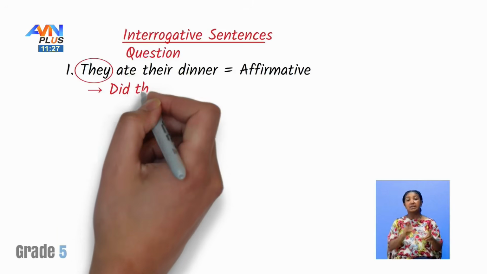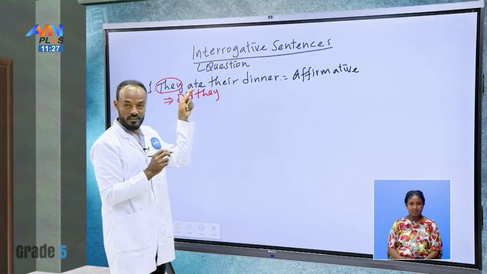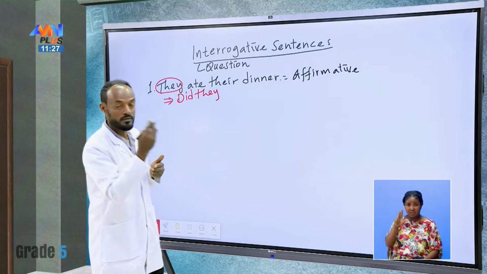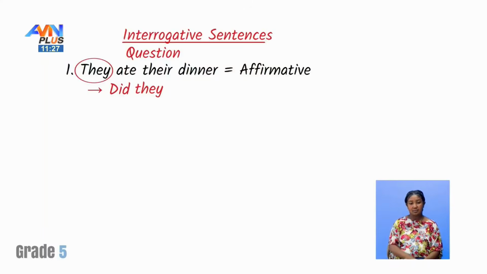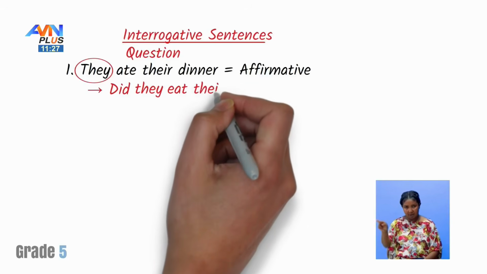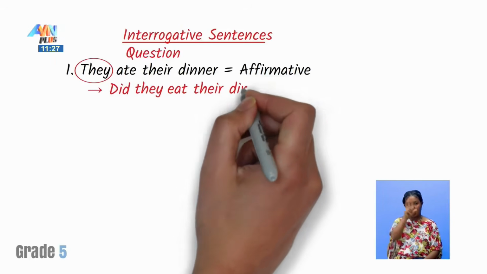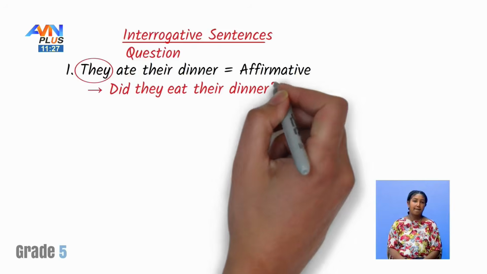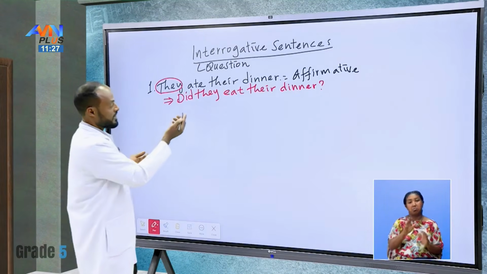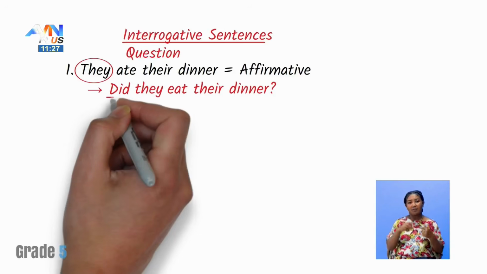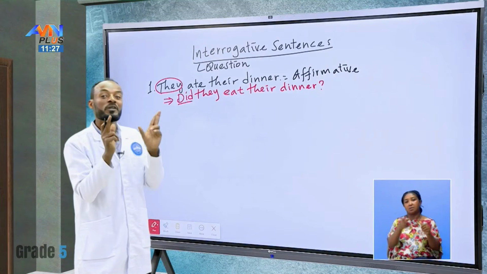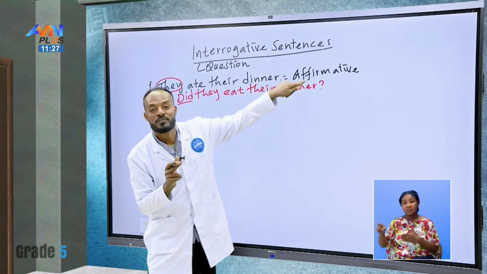Did they ate? What about the verb form of ate? That is eat, yeah? Eat. Good. Did they eat their dinner? Nice. Here, we've started from did, because this one is the affirmative.